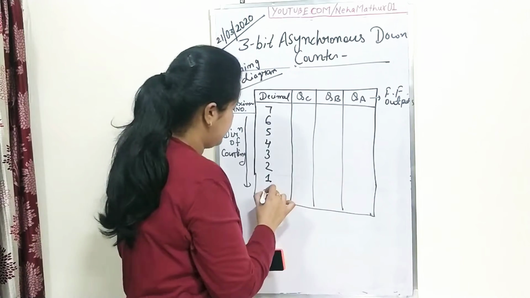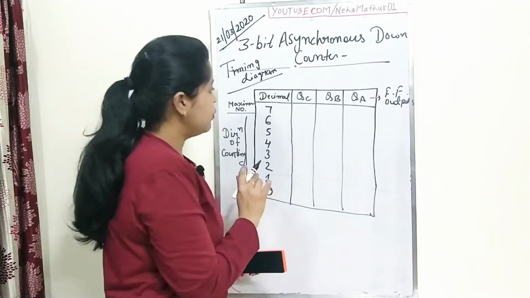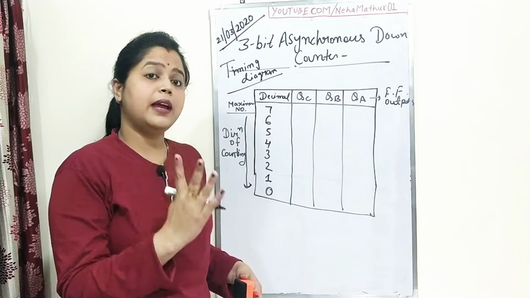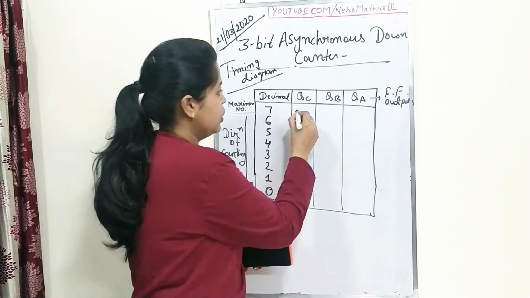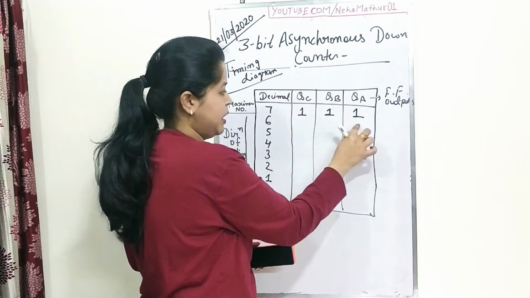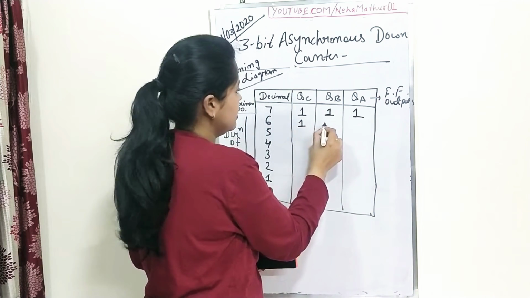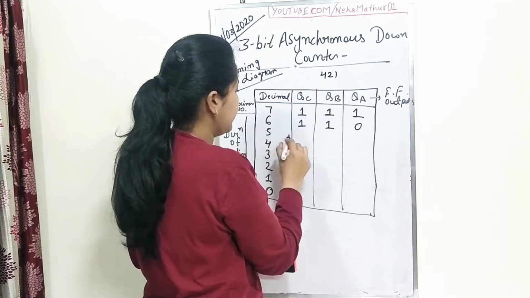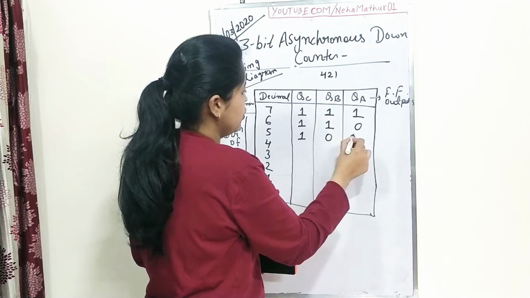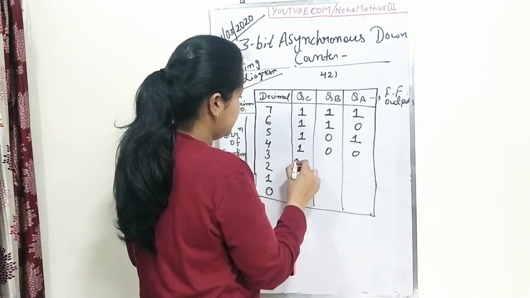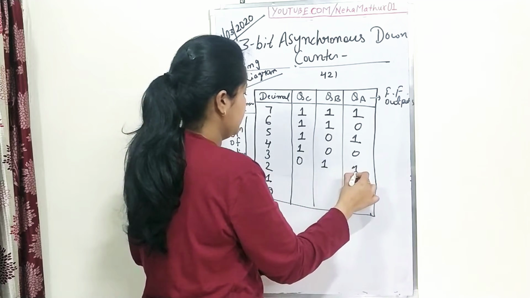Now when you apply 8 clock pulses, what will be the actual output? For 7 it will be 1, 1, 1. For 6 it will be 1, 1, 0. For 5 it will be 1, 0, 1. For 4 it will be 1, 0, 0. For 3 it will be 0, 1, 1.